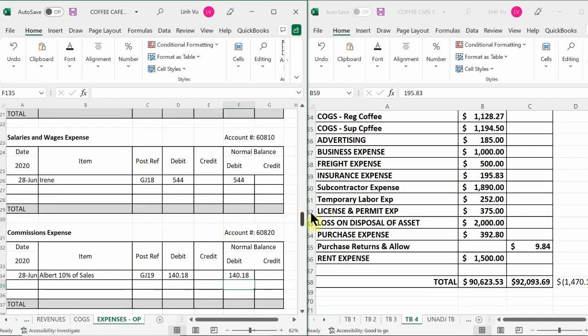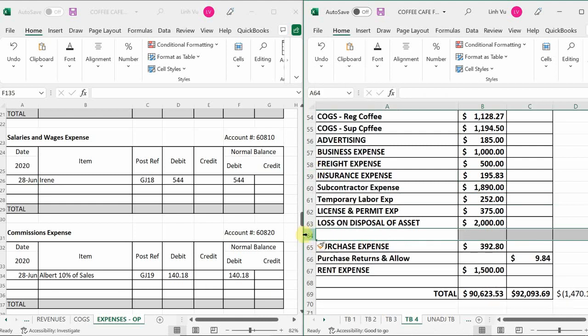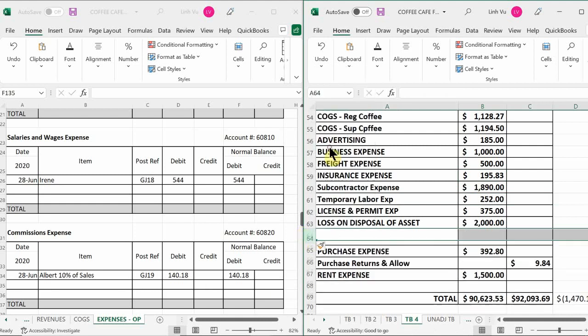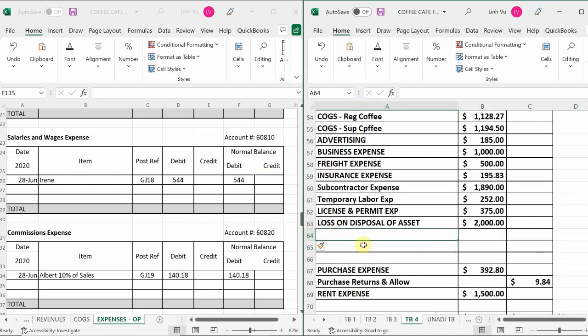Okay, payroll expenses. Yes, we have incurred payroll expenses. We have 3. The first one is salaries and wages expense.